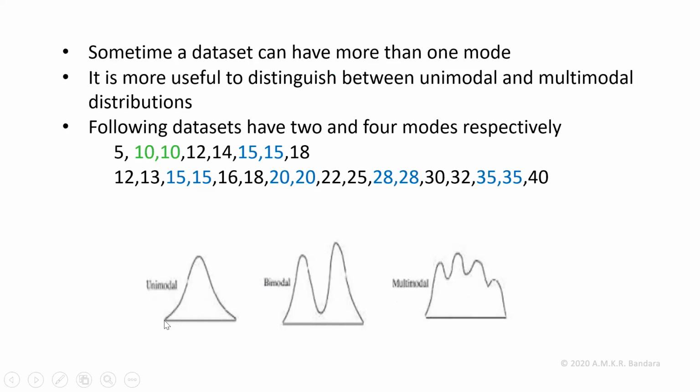Here we have 10, 11, 12, 13, likewise up to 20, and this height represents the frequency. So the most frequently occurring number is 20, and the only mode is 20. If our data has that kind of distribution, we call it a unimodal data set, and we have one mode for that data set.